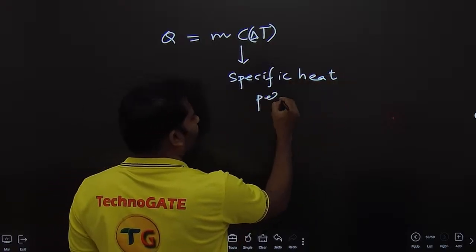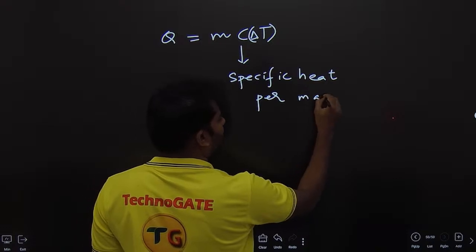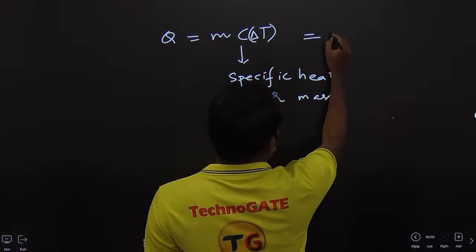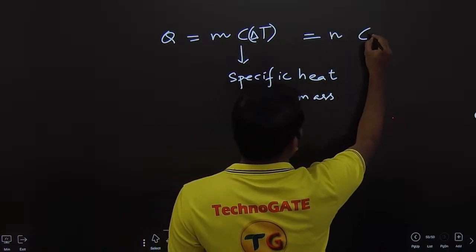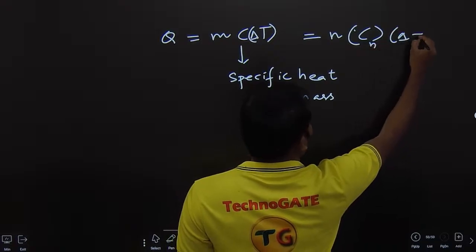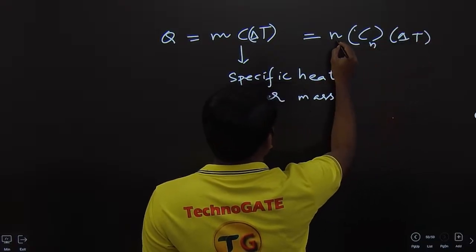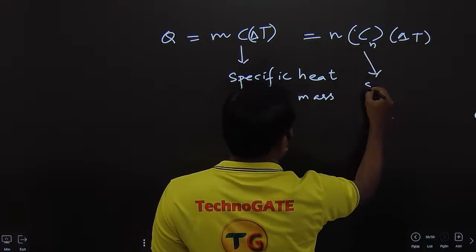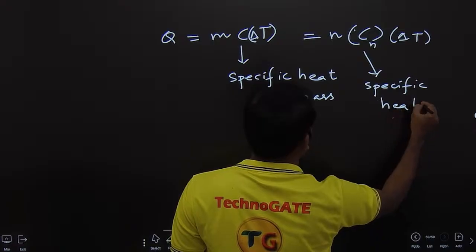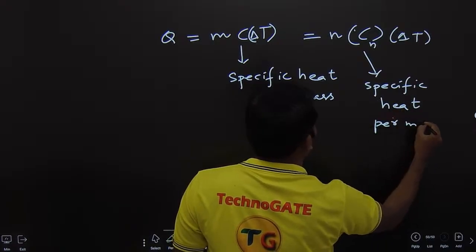Specific heat per kg or grams. This is per mass because we are taking mass. This can also be written as moles into C, I'll put it as N into delta T. Here N is basically moles, and this is specific heat per mole.